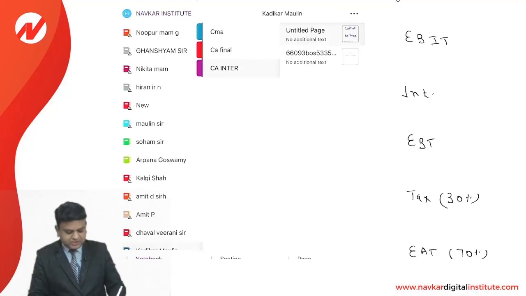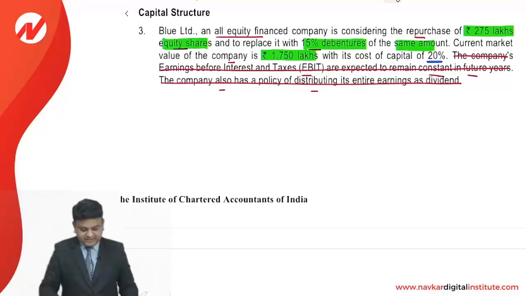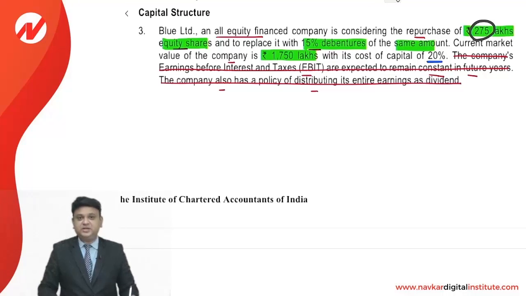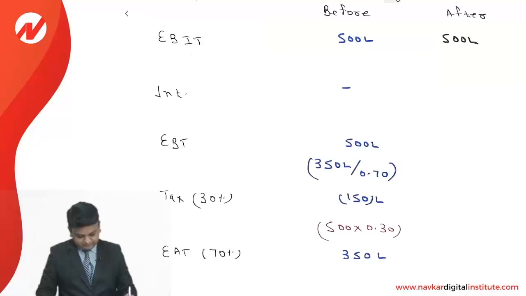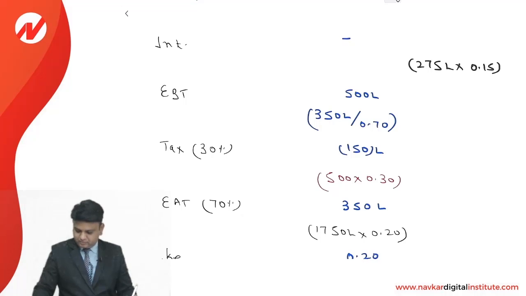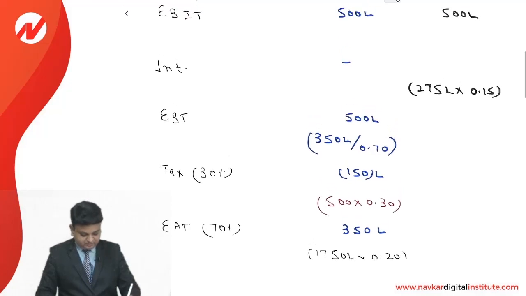Again, the question is providing, even otherwise we will make that assumption, 275 lakh rupees is the amount of the debt financing that we are going to issue to repurchase the equity shares, and the rate of interest is 15%. So 275 lakhs into 15%. That is 41,25,000.